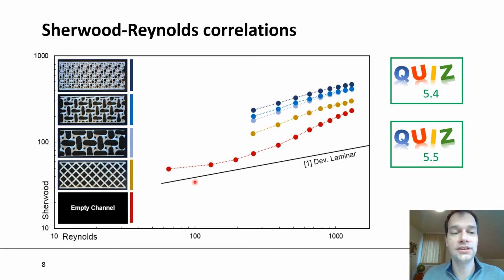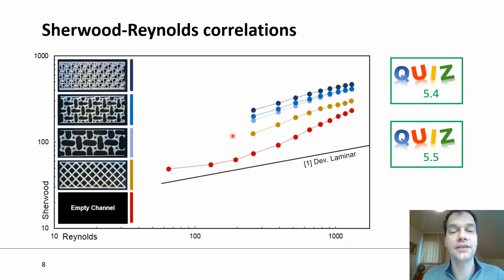And what we can see here is that with an empty channel, we have decent Sherwood numbers. By implementing these turbulence promoters, we improve our mass transfer properties. And apparently this particular turbulence promoter gives the best performance. As you can see here, it gives the highest Sherwood number for a particular Reynolds number.